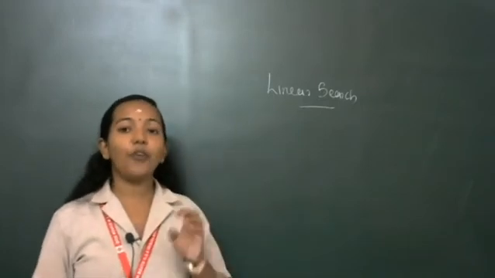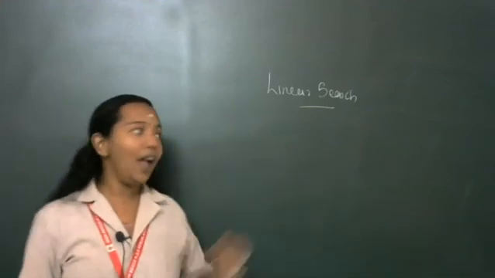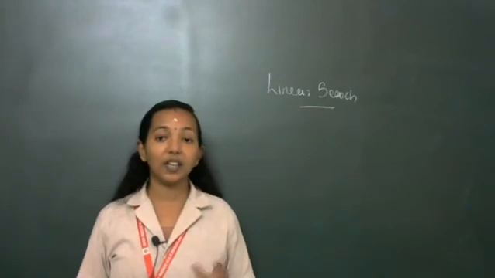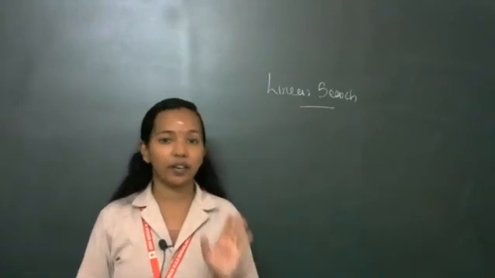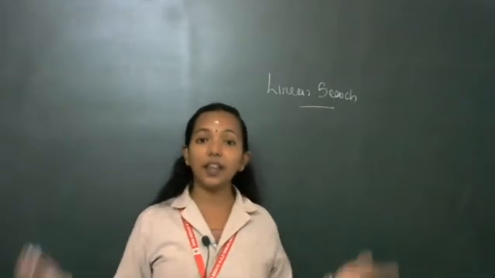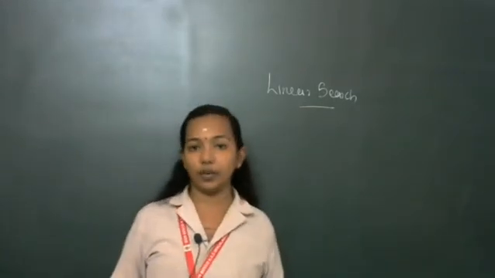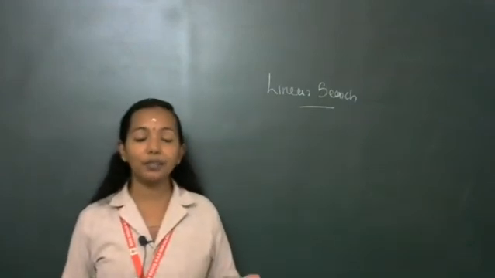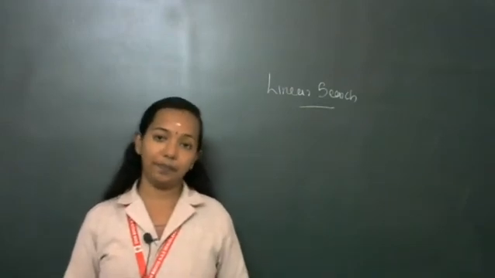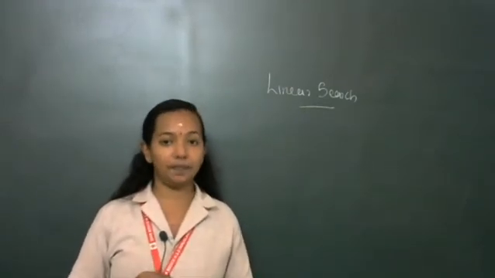The third array operation is searching. Searching means finding an element from an array. Linear search is one of the commonly used searching techniques if the array is not sorted. Linear search is also known as the sequential search algorithm.